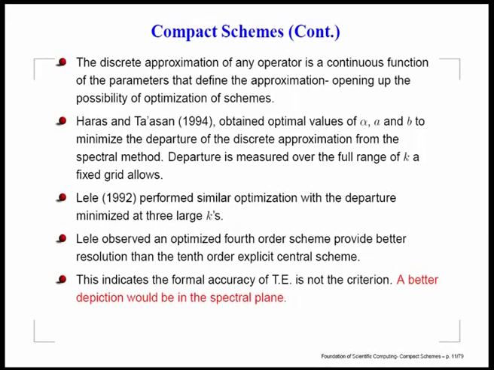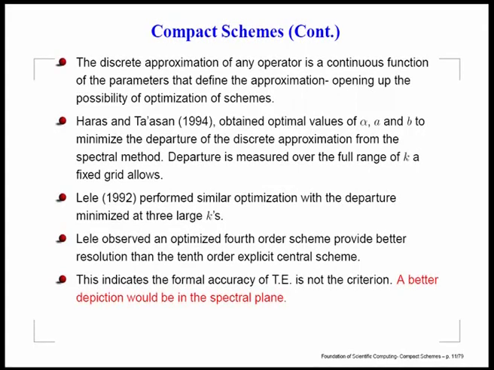Okay, and Lele observed, which is the core of this subject, that if you take a look at these optimized or non-optimized implicit schemes, they are far more accurate than their counterparts in the explicit schemes, and this could be quite significant.